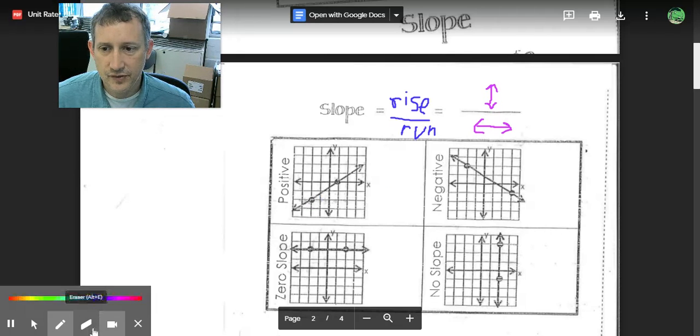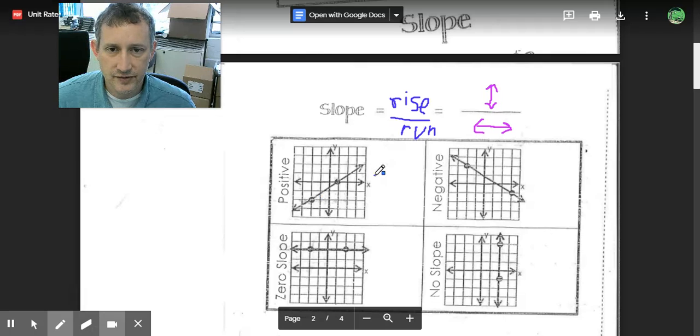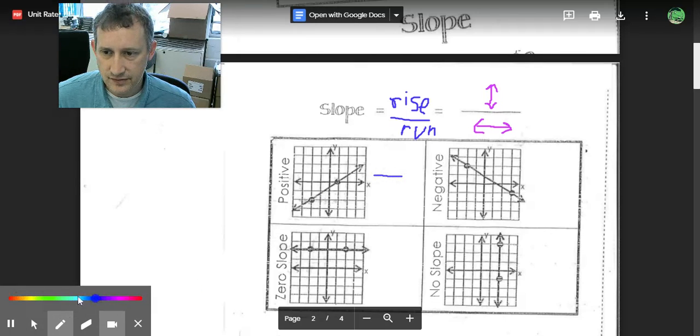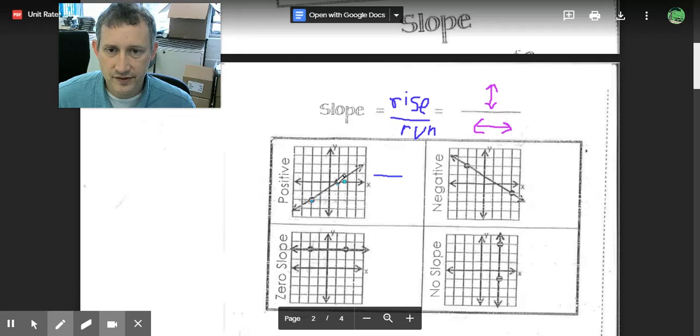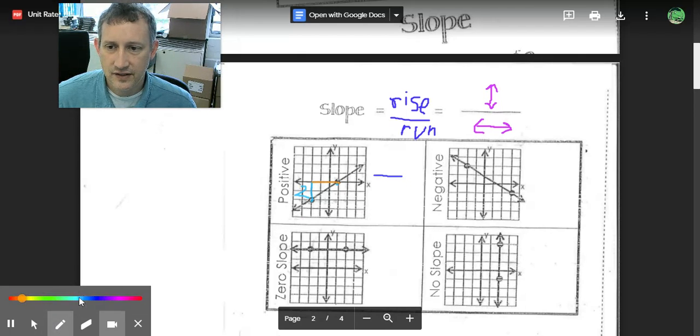So we can see that we're going, here I'm going to make my little division sign there. You can see that we're going up from this point to that point. We're going up 2, 1, 2. And we're going to go over, how many? Let's see, 1, 2, 3. So this graph, the rise is 2.